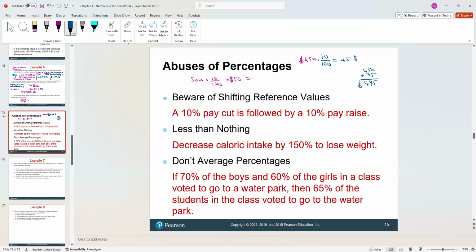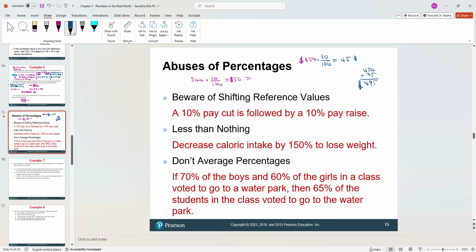Your new salary is no longer $500 because you don't compute it the same way. When you compute your percentage on 500, it gives you $50. Now on 450, it gives you 45. You no longer receive it. So be aware of shifting values. That's very important.